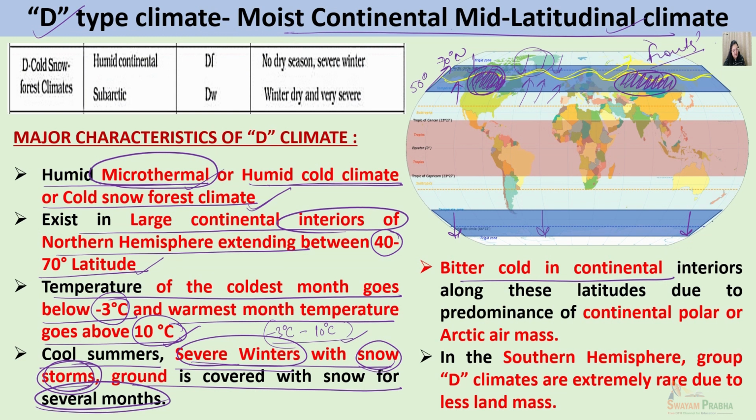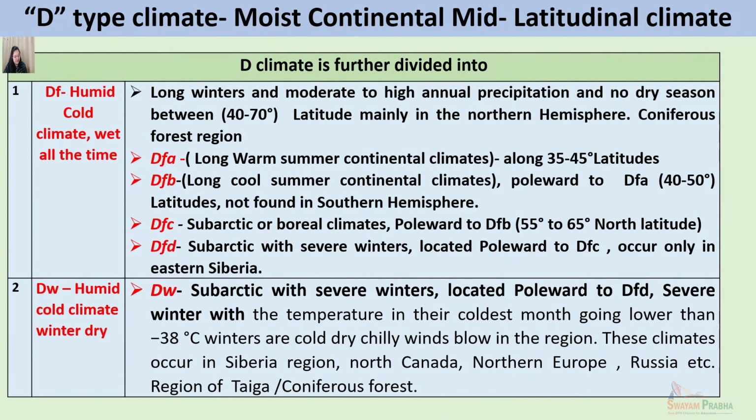And in the southern hemisphere, there is no land, so these conditions are not experienced in these areas. So D type of climate is most prominently observed in the northern hemisphere between 50 to 70 degree latitudes. The D climate is further divided into DF and DW type of climate, and F, as you know, is precipitation throughout the year.